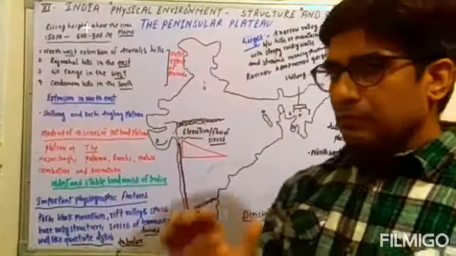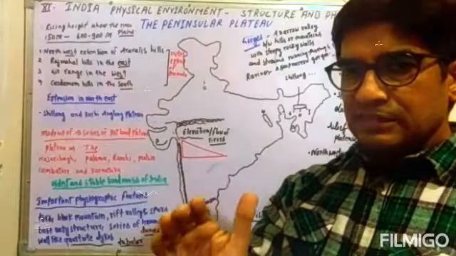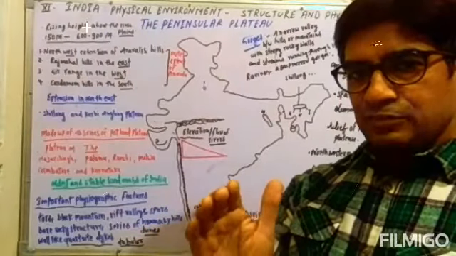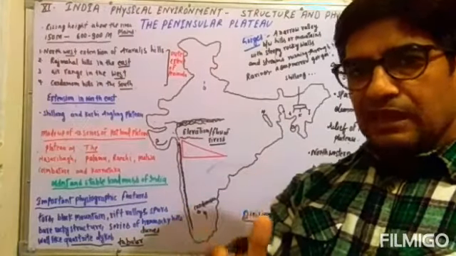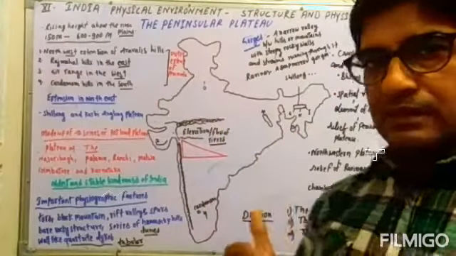So these are tabular forms of structure, meaning structures of the earth in physiography that are like tables. Students, I think you can understand better.